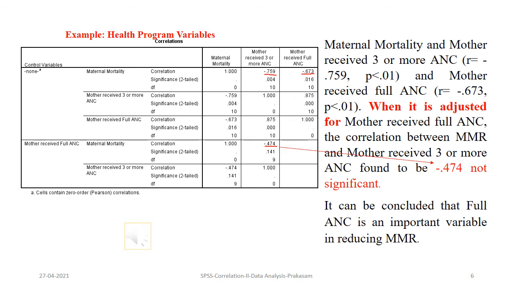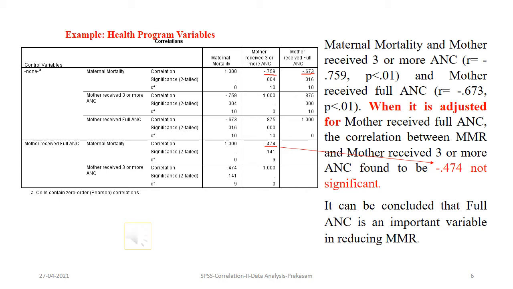Again we want to control for mothers receiving full antenatal care services. That means if the influence of mothers receiving full antenatal care is suppressed, then what is the relation between maternal mortality and antenatal care?